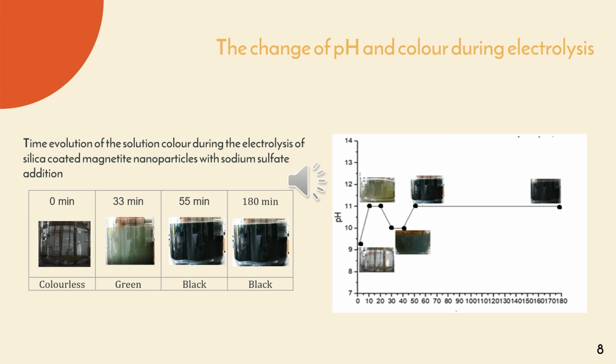Okay, and then during the process, the pH changes from 9 to 11. Magnetite can be formed in 55 minutes. That means it was created at pH 11.